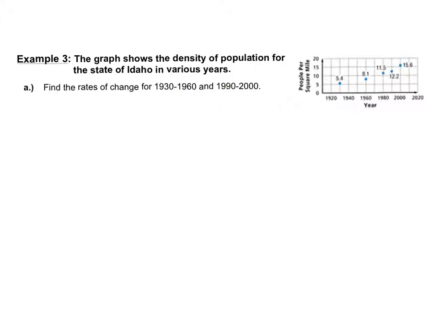So remember that rate of change, as we just discussed, is the change of y over the change of x. It is a rate, and so it is always written as a fraction so that you could see the change of the y, the dependent variable, over the time of the x.